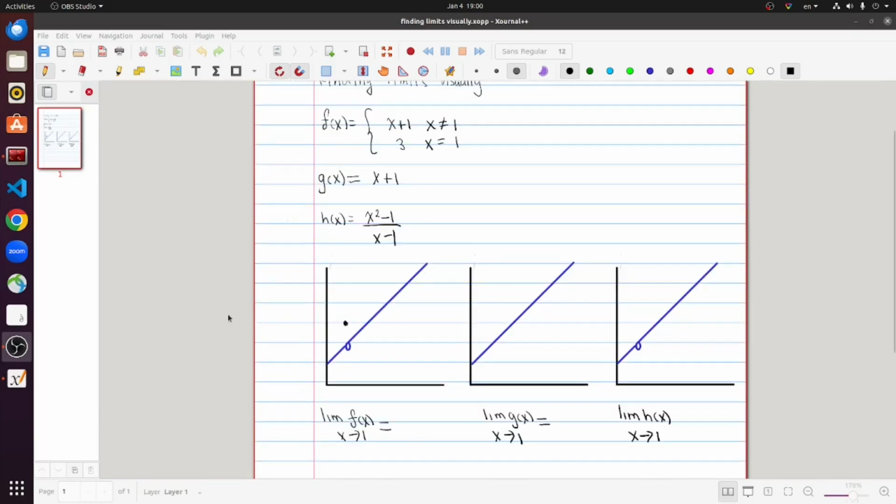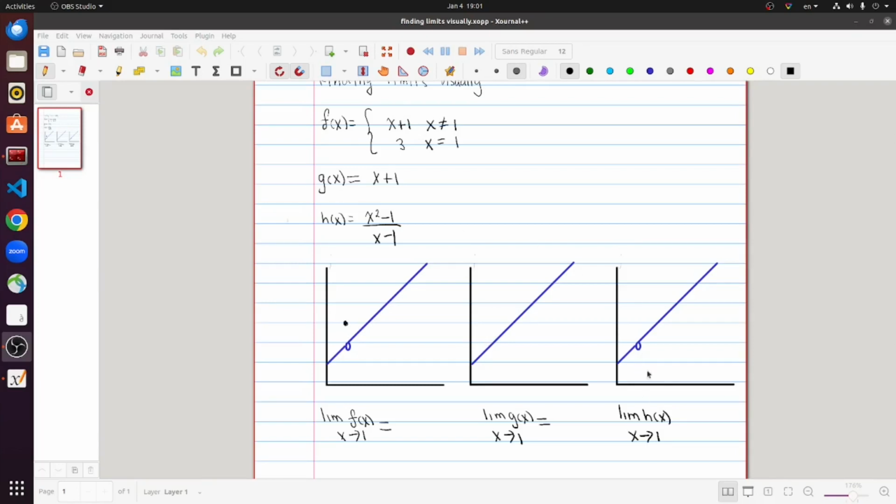As we can see, they're all very similar. They only differ at x equal to 1. For f of x, it's 3. For g of x, it's 2, and for h of x, it's not defined.